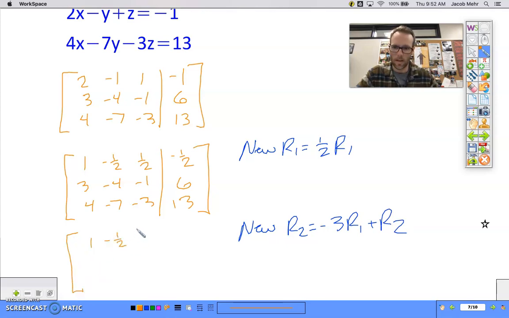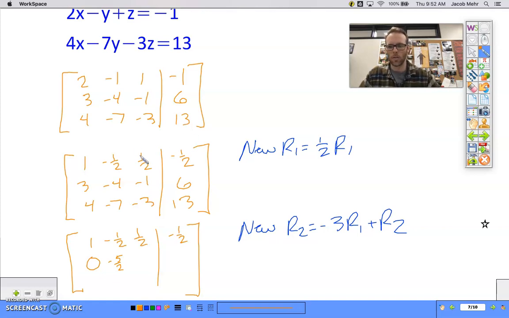Top row staying the same. Second row, negative 3 times 1 plus 3 is 0. Negative 3 times negative 1/2 is 3/2 plus negative 4. I just don't want to goof up any of this here for you guys in this video. So we're taking negative 3 times negative 1/2 plus negative 4 is negative 5/2.